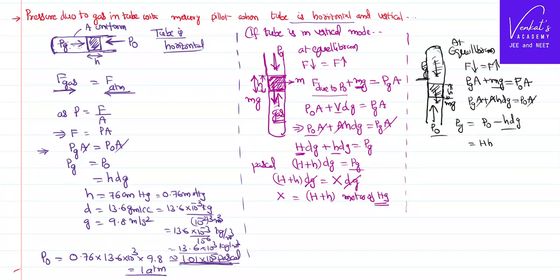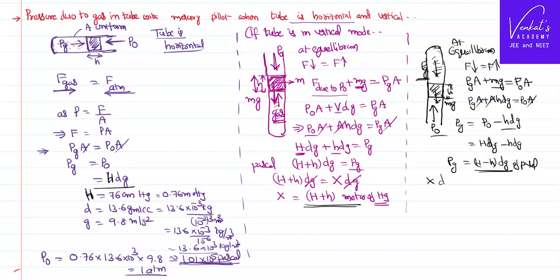Atmospheric pressure P naught can be written, as I told you, as H dg, where this can be called capital H. So H dg minus h dg, that is H minus h times dg. If you notice carefully, earlier you got H plus h, now you got H minus h dg here, this much of Pascal, that is pressure due to the gas.